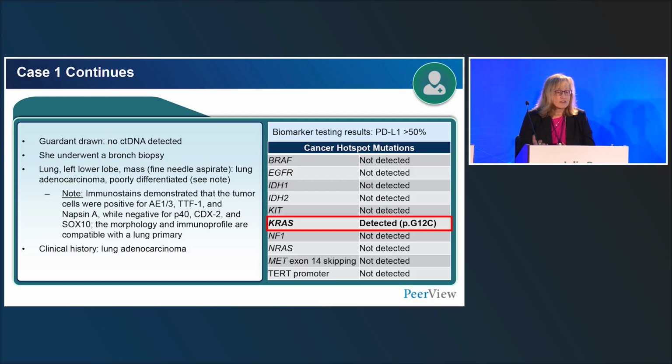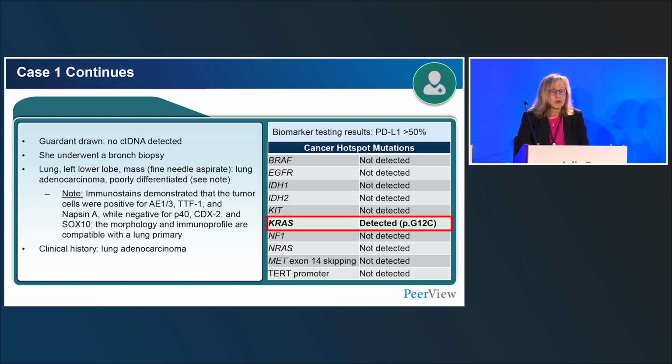Unfortunately, the Guardant did not have any ctDNA detected, interestingly, even though she had metastatic disease. But usually it takes about 2 weeks for us to get back the mutations. The PDL1 was high at 50%, and the KRAS mutation was positive for KRAS G12C.